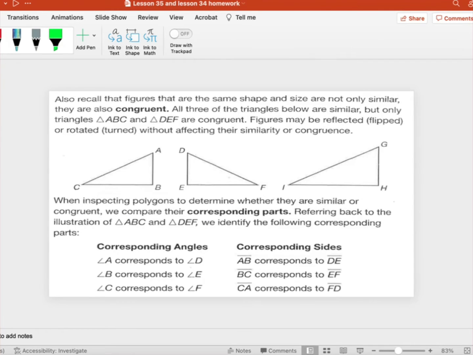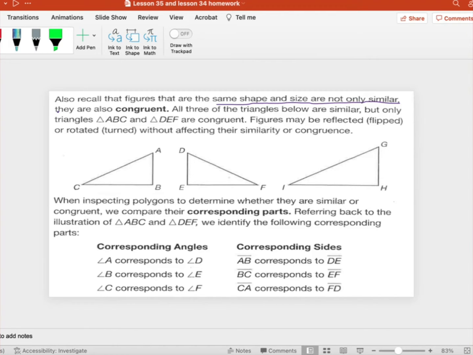So now this whole lesson is about learning the rules for congruent and similar triangles and learning what properties each one of those has. So it says, recall that figures that are the same shape and size are not only similar but congruent.